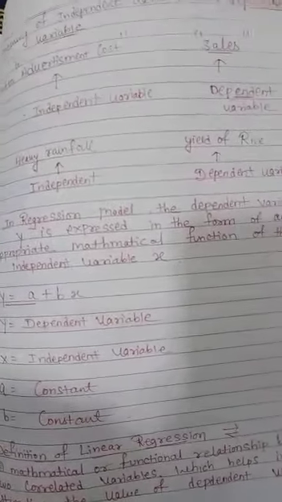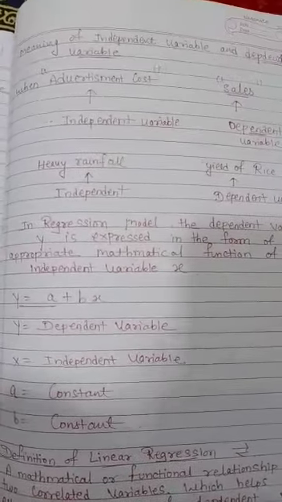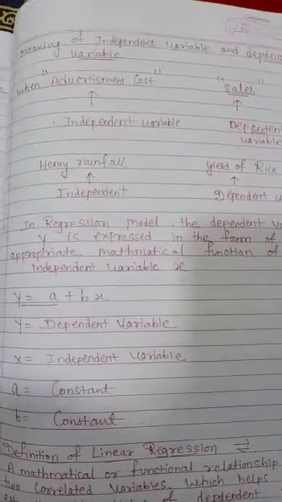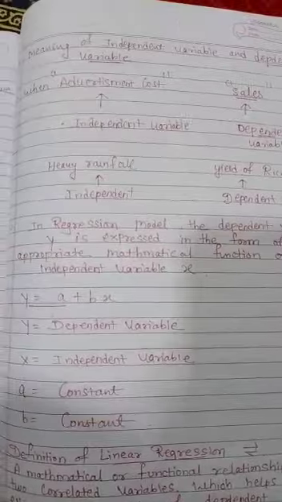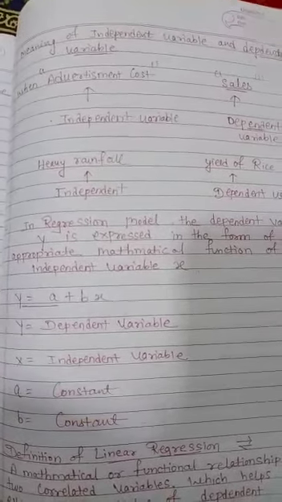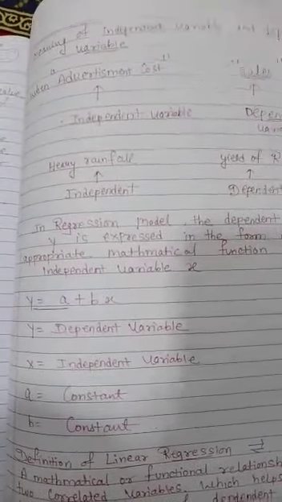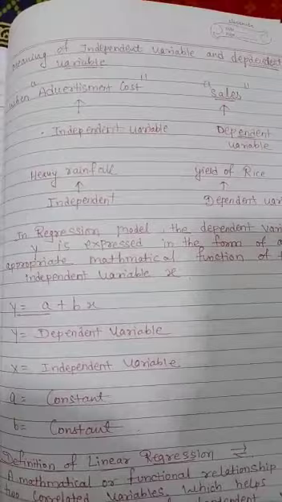So dependent variable means a variable which depends on independent variable, means a value which is not given, a variable which has no value, which has no estimated value, which we need to find out. So this type of variable is called dependent variable.